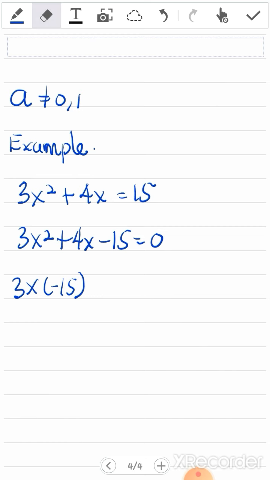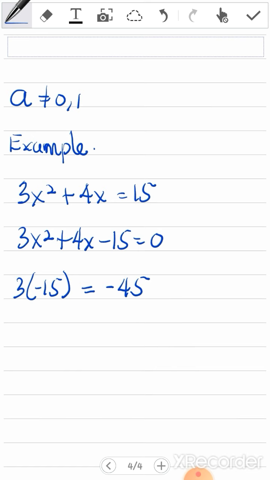So 3 times negative 15 gives negative 45.